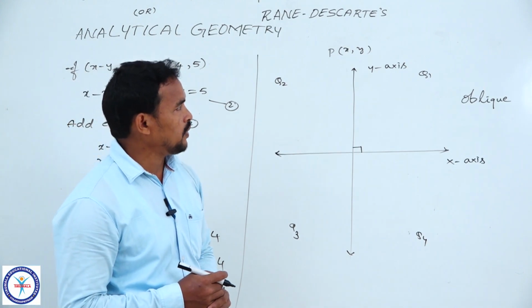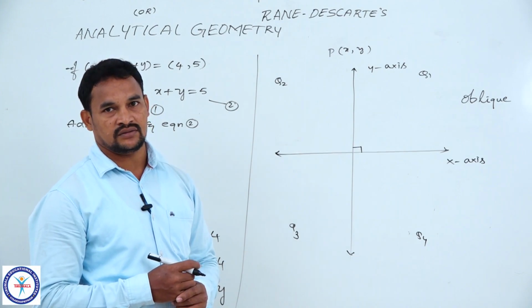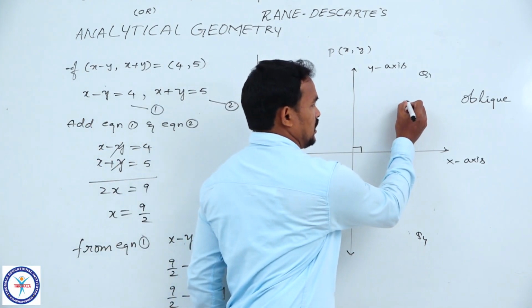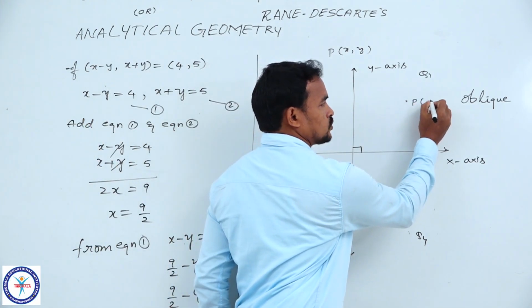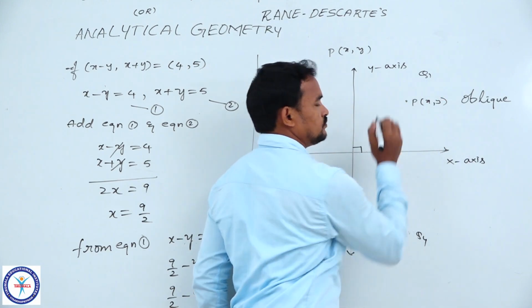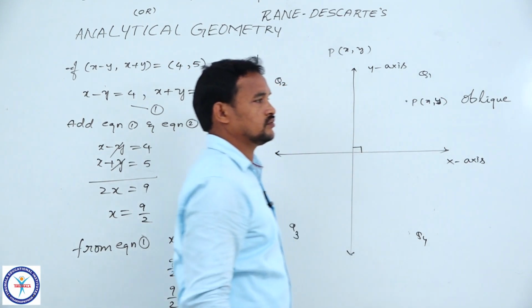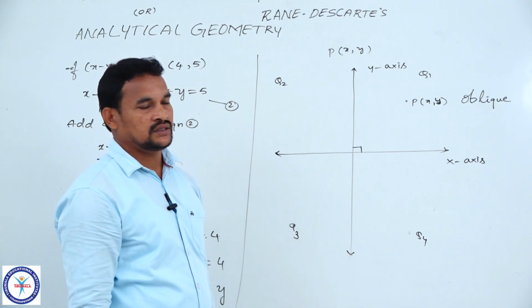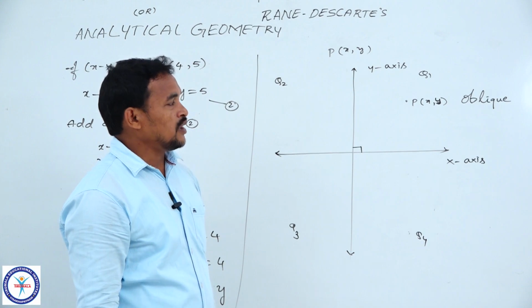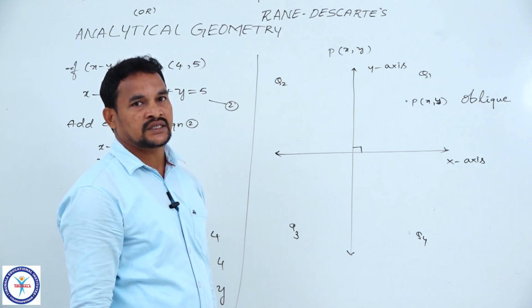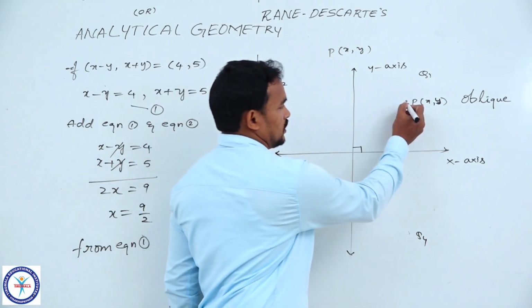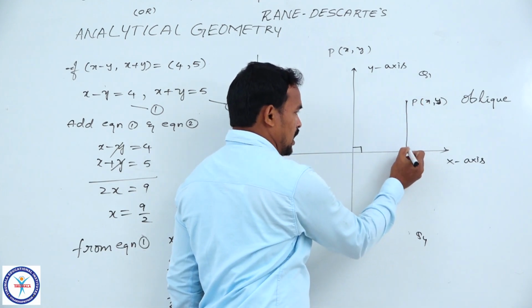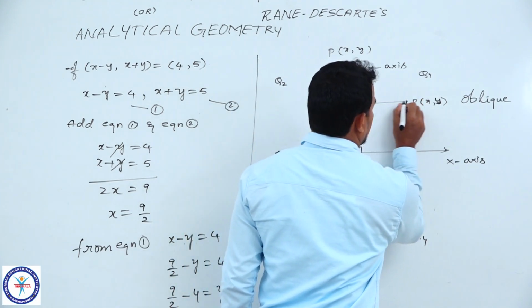Now, you take one point P(x, y) in the first quadrant. Here see, it is point P, its coordinates are (x, y). Now, how to define x and y: draw the perpendicular from the point to the x-axis and y-axis. Here see, Pm and Pn are perpendicular to the x-axis and y-axis.